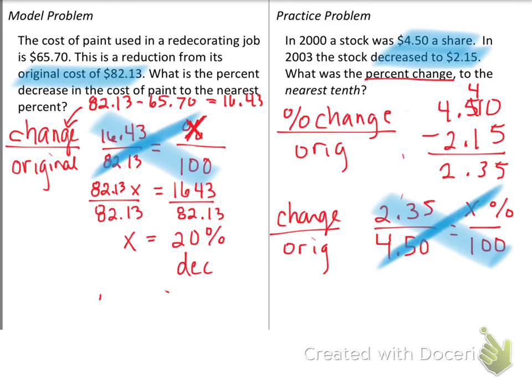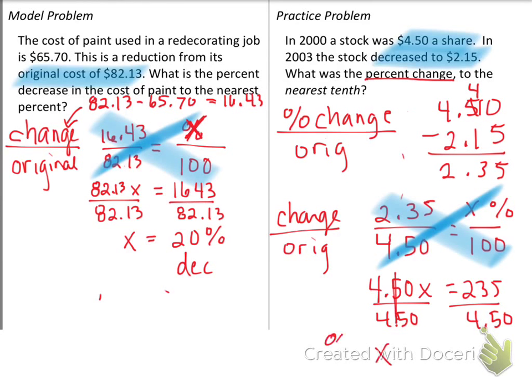So I can cross multiply, and I can get $4.50 times x, or 4.50 equals 235. Divide by 450. Divide by 450. You get that the percent of change, or x, percent decrease, percent of change, is equal to 52.2%. So it's a 52.2% decrease.